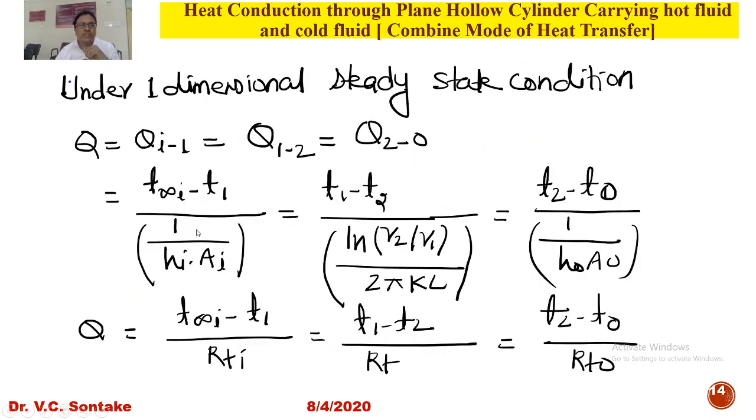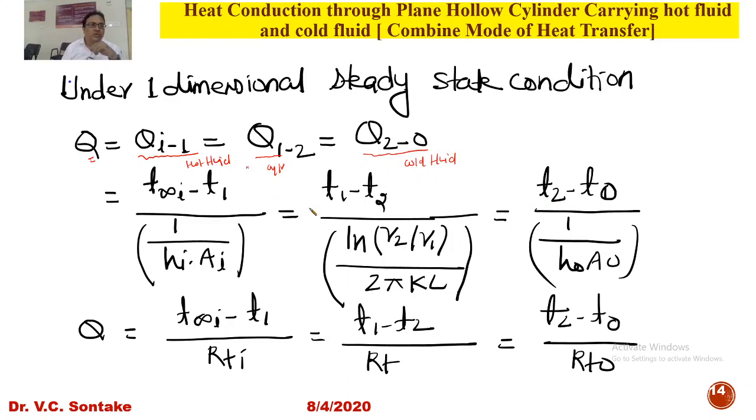Under one-dimensional steady-state condition through this cylinder, the rate of heat transfer will be equal to rate of heat transfer through hot fluid film, that is from inner surface to the inner surface of the cylinder, rate of heat transfer through cylindrical wall, and finally rate of heat transfer from outer surface to the cold fluid, Q suffix 2-o.